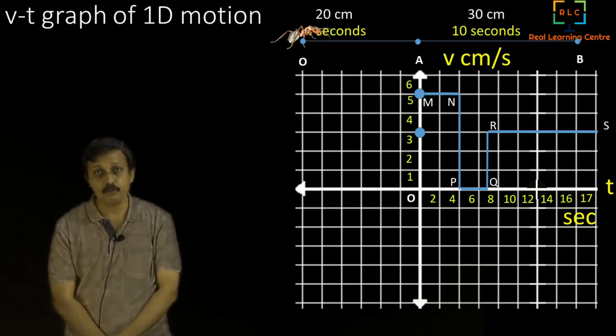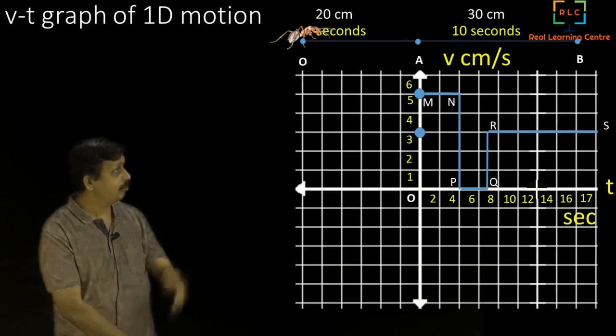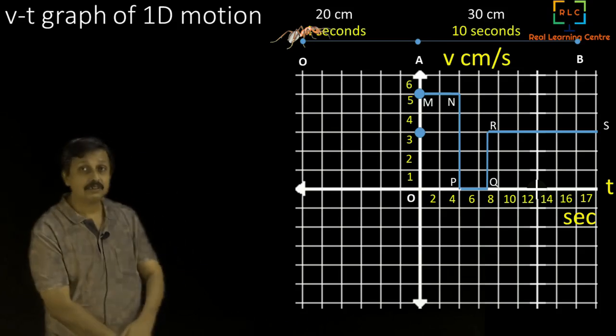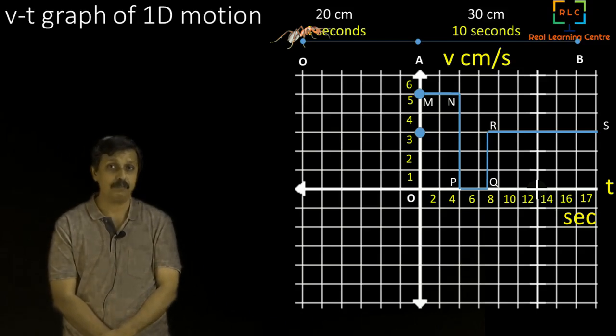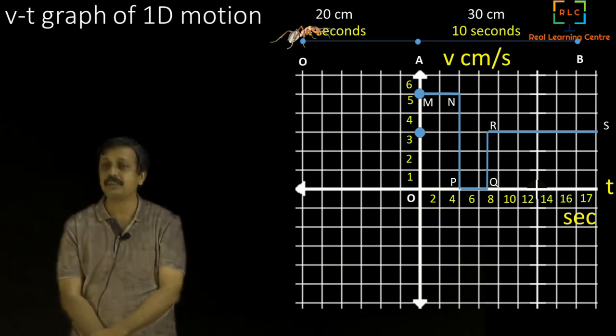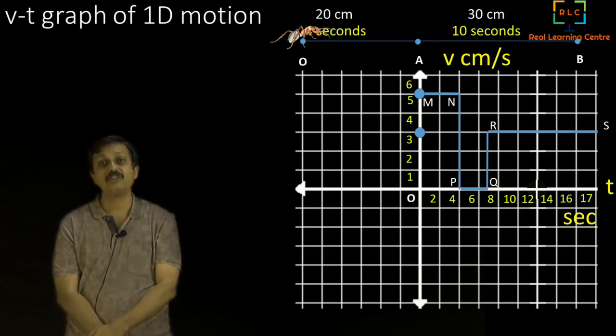After that, it again starts moving. At what speed? Speed is nothing but distance by time. So 30 centimeters in 10 seconds, which is 30 by 10, is 3.